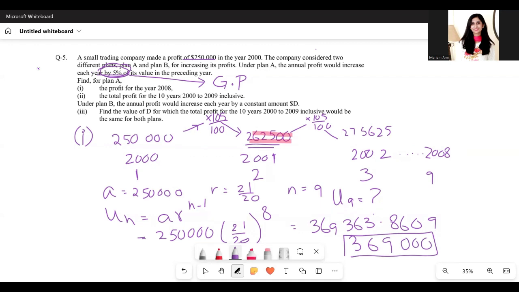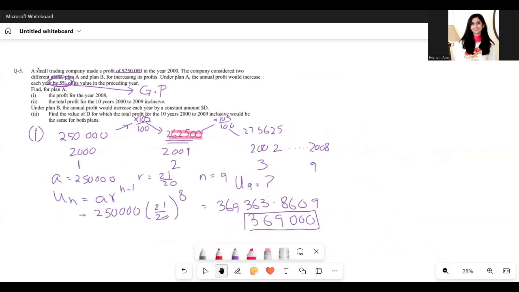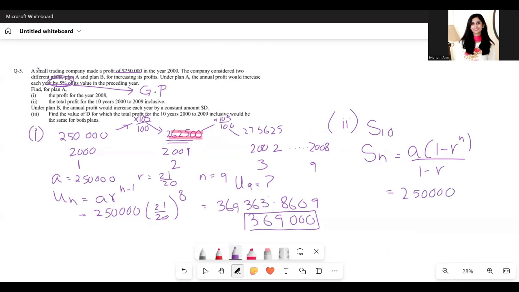Part 2 says the total profit for the 10 years, 2000 to 2009. That means we need S10. So for S10, I'm going to use the Sn formula for GP. That is A bracket 1 minus R power N upon 1 minus R. We already have all the values. A is 250,000, R is 21 over 20, N is for these 10 years, so it's S10.